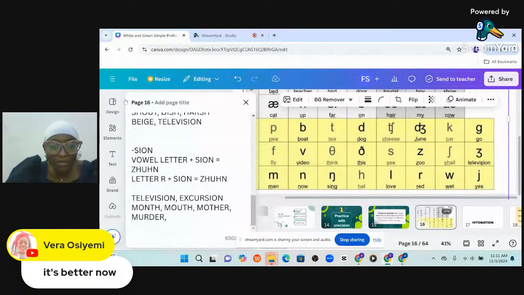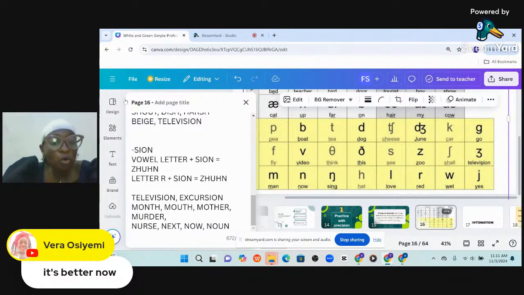The next sound we have is n. We can have it in words like nurse, not ness, nurse. You can have it in next. We have it in now, noun. A lot of people mispronounce N-O-W and N-O-U-N. N-O-W is now.